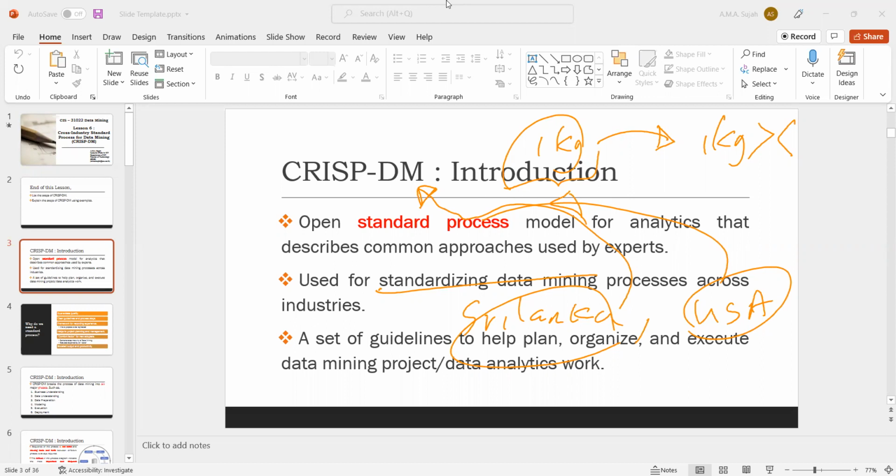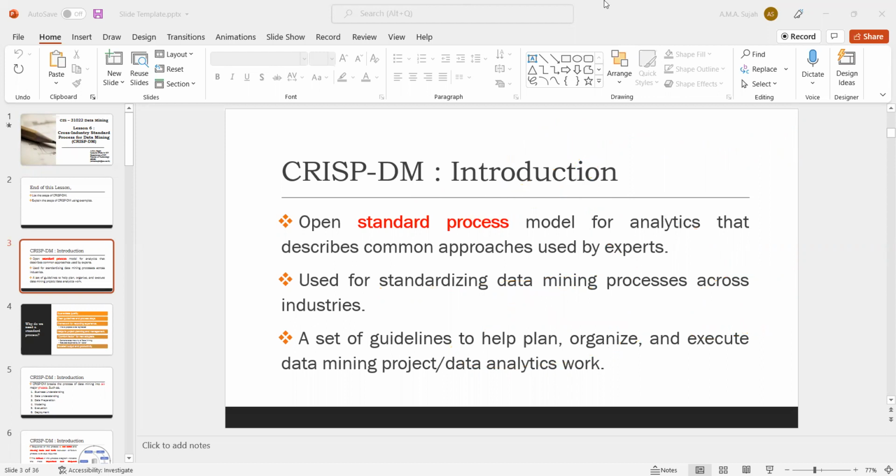They are generalizing things everywhere. As the ISO organization, they try to generalize quality in every place in Sri Lanka and across the world. That is why they follow standards. Similarly, whenever we apply data mining projects, we must follow standard mechanisms. Then only can we ensure the quality of the work we are doing.